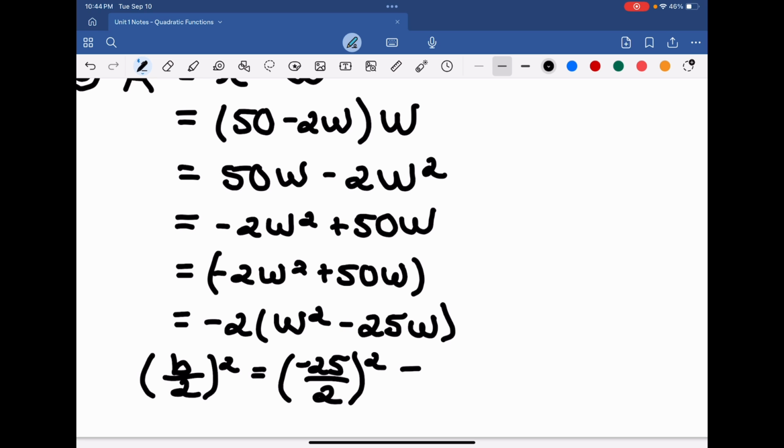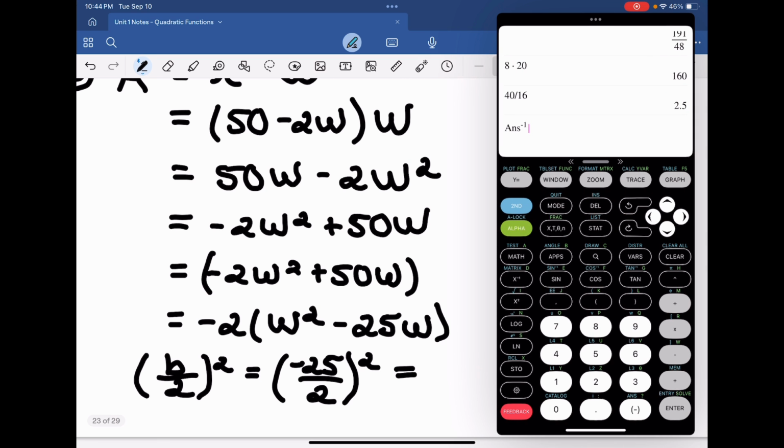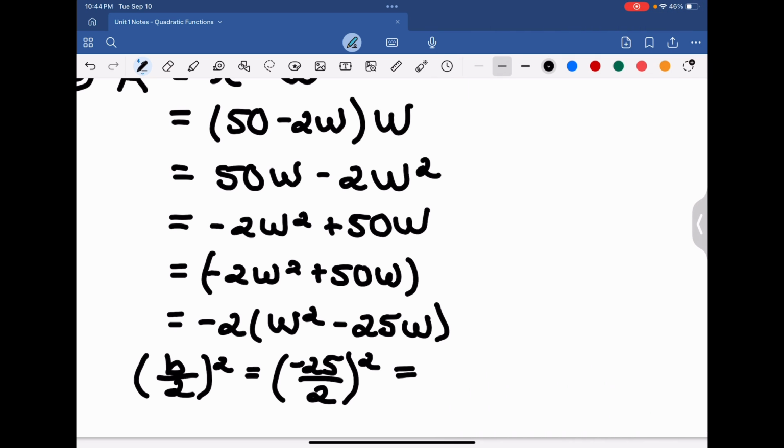When we divide 25 by 2, I'm actually going to keep it exactly as these numbers, because 25 and 2 are not going to evenly divide. 2 is a prime number in this case. We're going to go 25 squared, which is 625. So I have 625 in the numerator, and then this is all divided by the 4 in the denominator. Okay, so this is our b divided by 2 term.